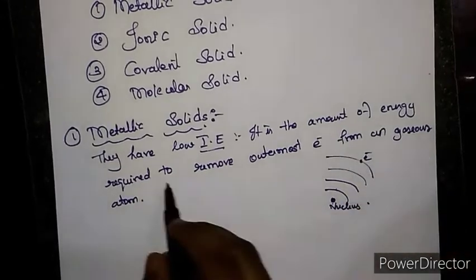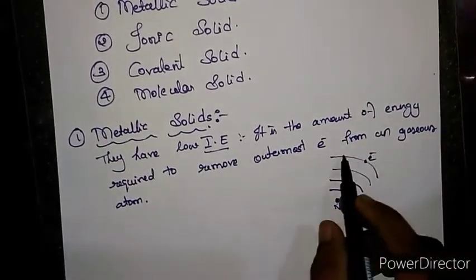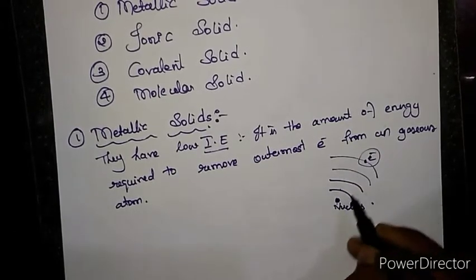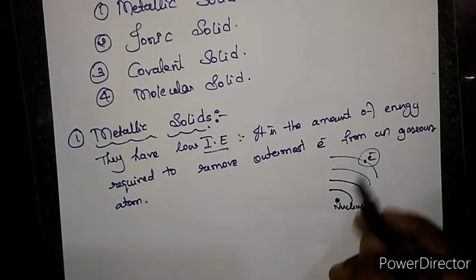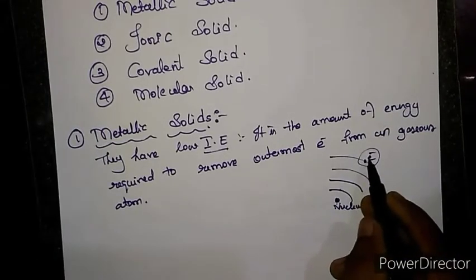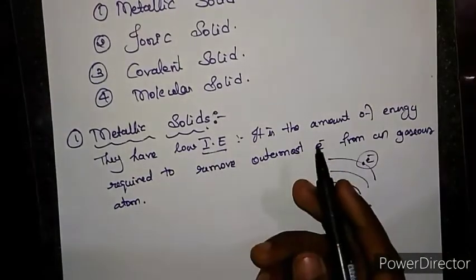That is what I meant here: they have low ionization energy. It is the amount of energy required to remove the outermost electron from the atom. Since this electron is very far from the nucleus, it is loosely held, so I can remove it by applying little energy, little ionization enthalpy.